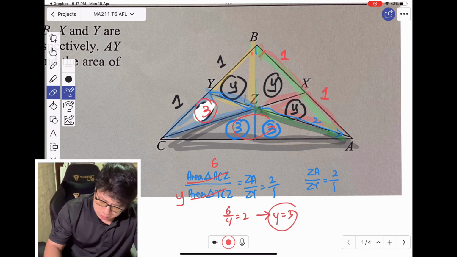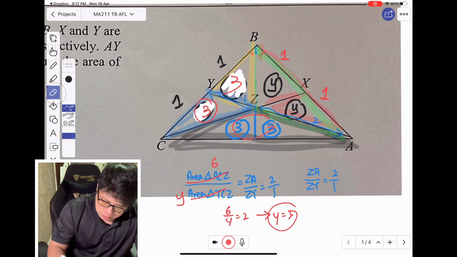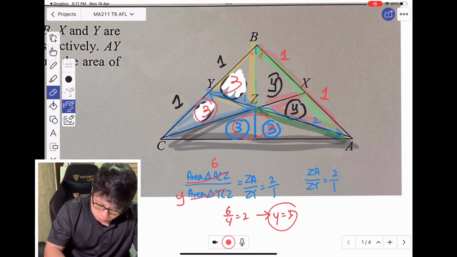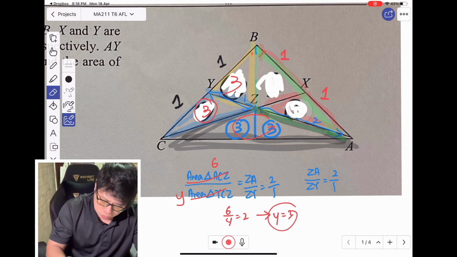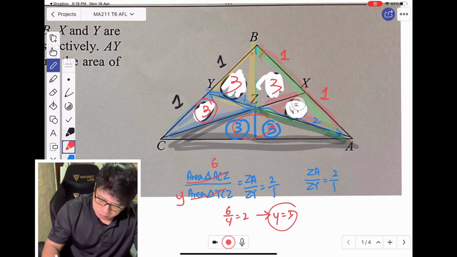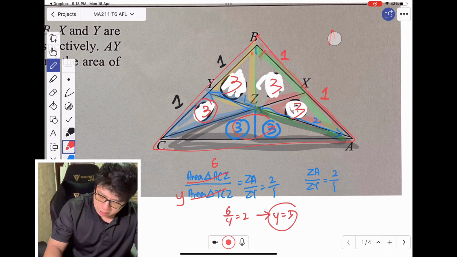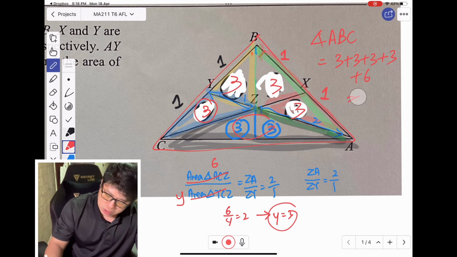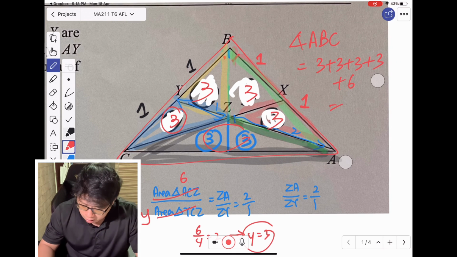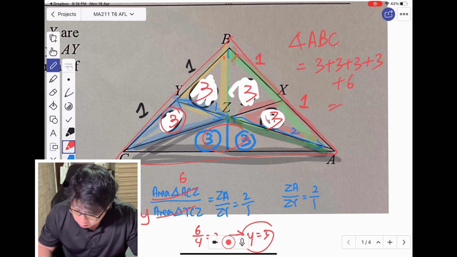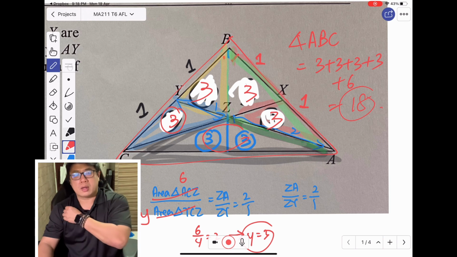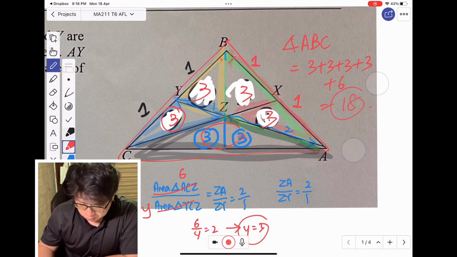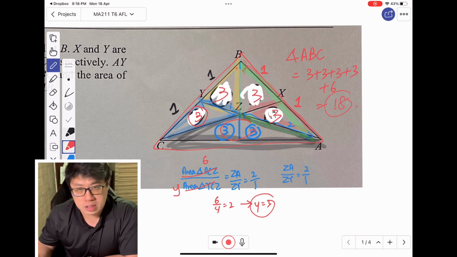That means this is also 3, this is also 3, this is also 3. And the total big triangle ABC has an area of 3 plus 3 plus 3 plus 3 plus 6, which is a total of 18 units squared.